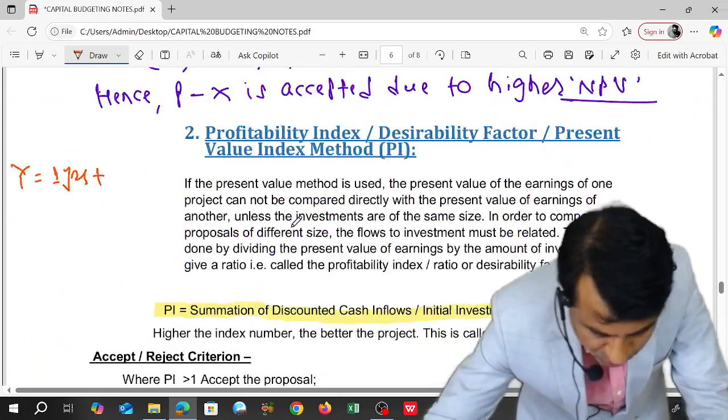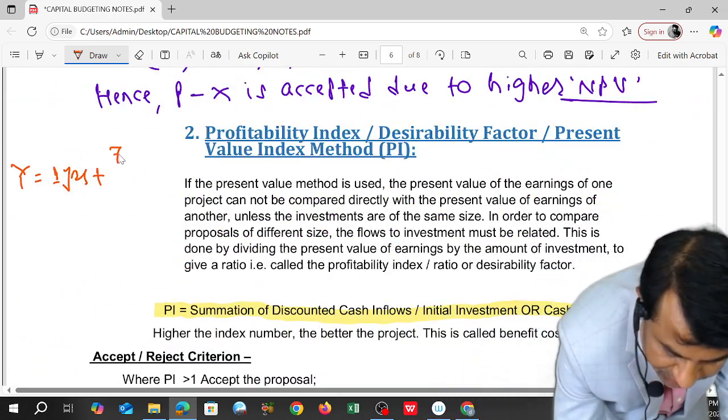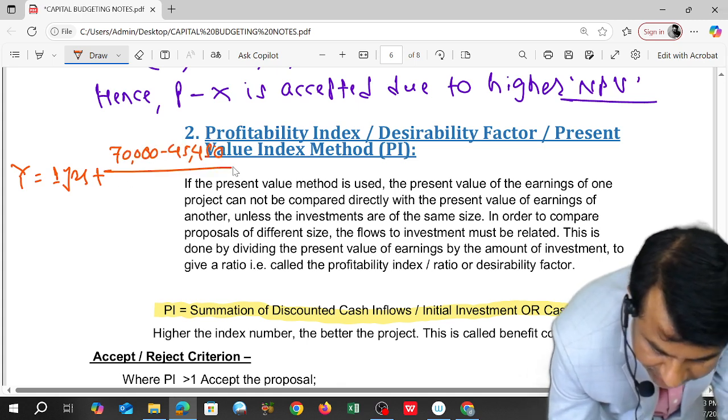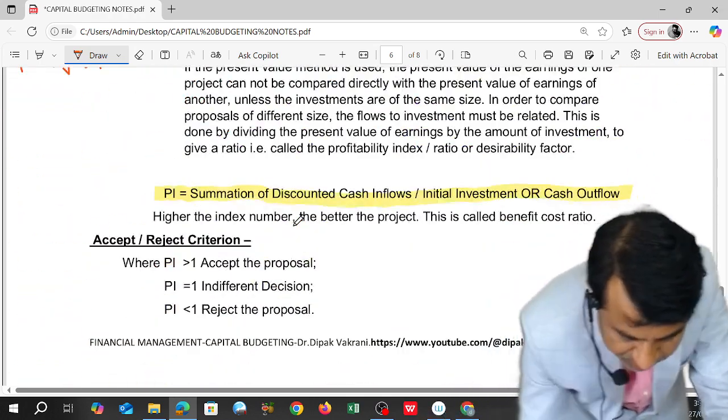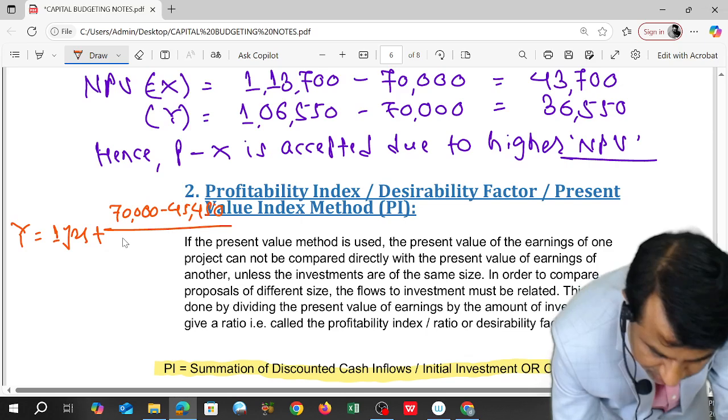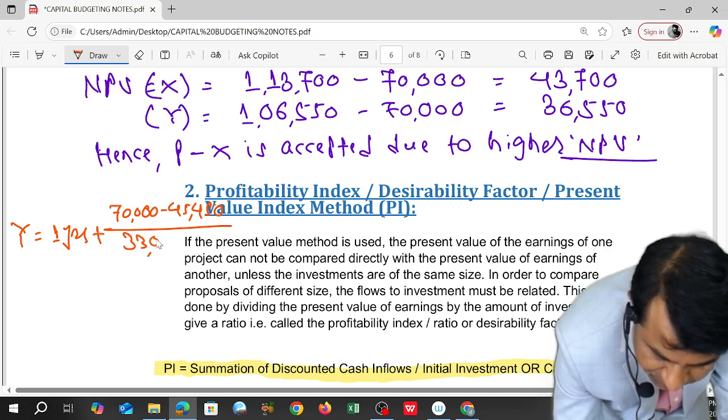1 year 45,450. So 70,000 minus 45,450 divided by second year discounted cash inflow लेना पड़ेगा 33,040, which needs to be further multiplied with months.